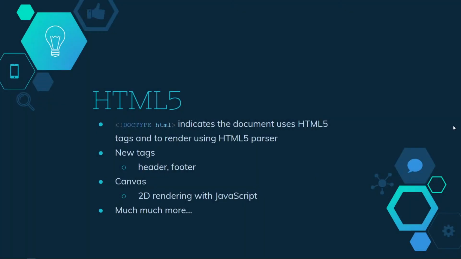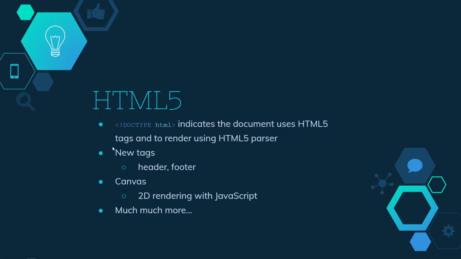So for HTML5, we have this doc type. At the very beginning of your document, you must have this there to indicate that this is an HTML5 web page. This is how you specify it. You just have to specify it like that.